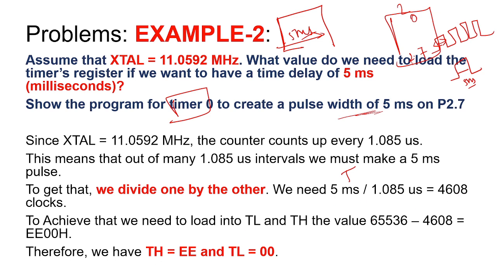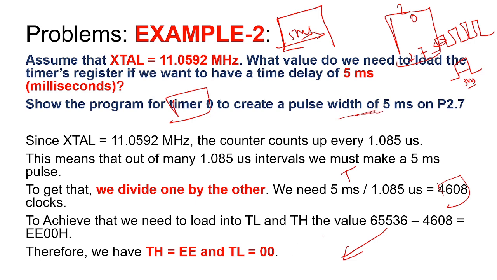Then you want to take the difference with the maximum clocks. Already I explained everything. That is 65536 minus 4608. How did you get this 4608? 5 milliseconds for pulse width, divided by 1.085 microseconds. Okay, so now the value is loaded in the register.